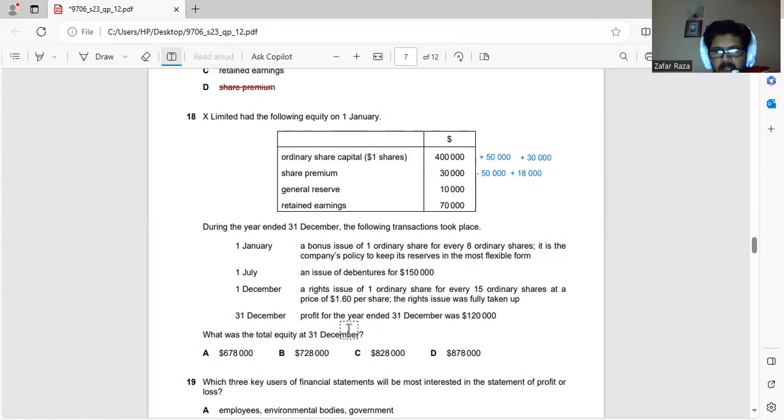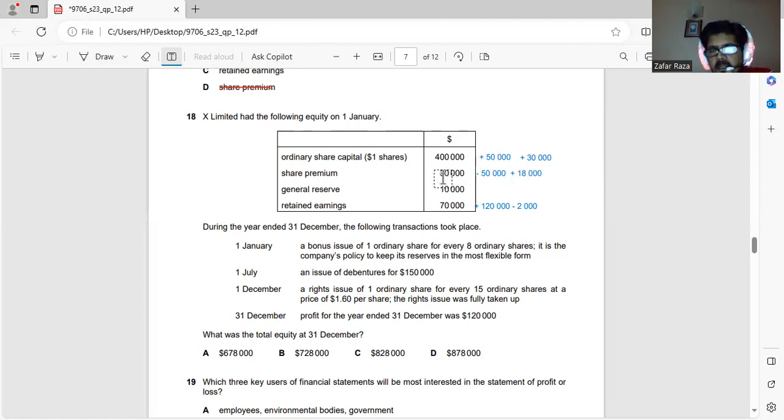Profit for the year 120,000. Now retained earnings: 70,000 is retained earning plus profit 120,000, minus 2,000, which is short here.